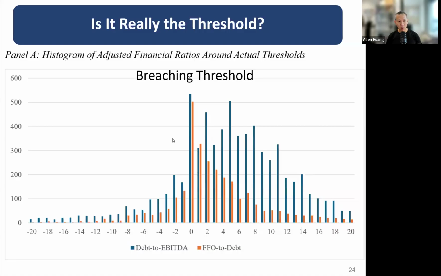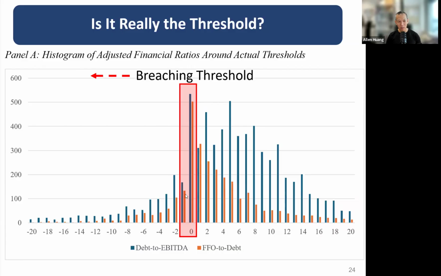So here we plot the histogram of adjusted financial ratios around the actual threshold number. Now the peak over here is 0. So this is the point where, if you're to the left side of this bar here, you're breaching the thresholds. To the right side, you're not breaching the thresholds.